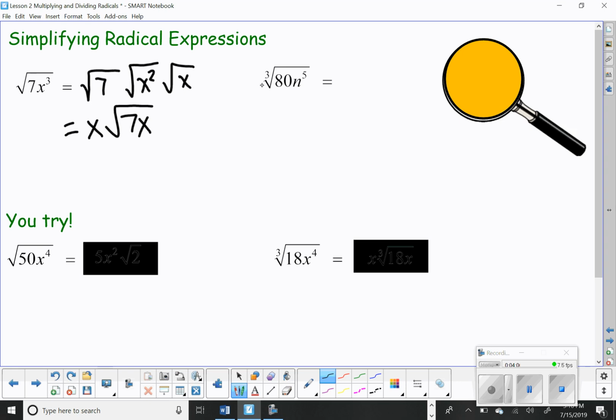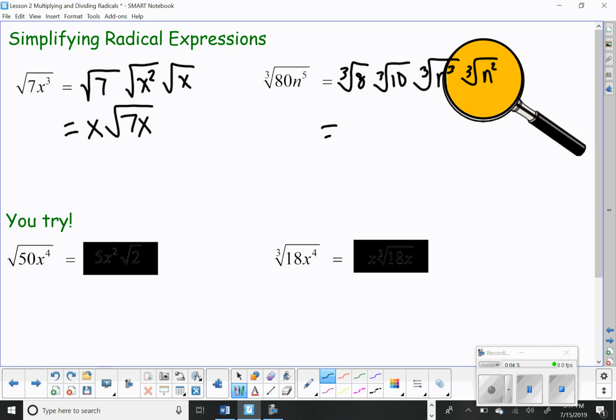Over here, the cube root. Well, for this one, I've got the cube root of 8 times the cube root of 10. 8 times 10 is 80. The cube root of n cubed and the cube root of n squared, because n cubed times n squared is n to the 5th. So I just broke it apart.